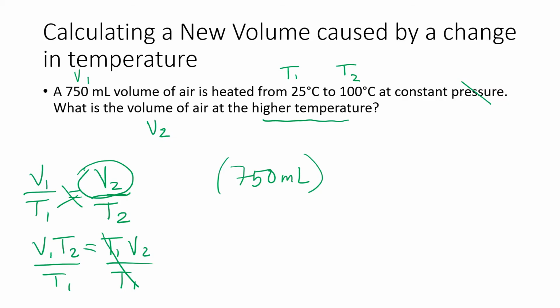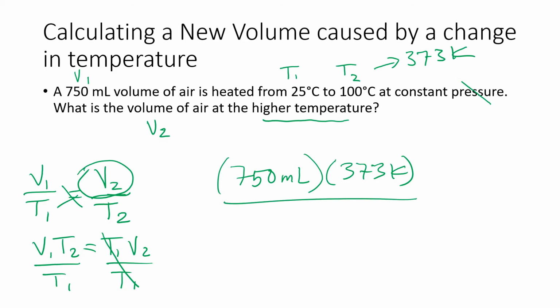Then my T2 is 100 degrees Celsius, but it has to be in Kelvin. So that's going to be 373 Kelvin. Then I'm going to divide this by 298 Kelvin.